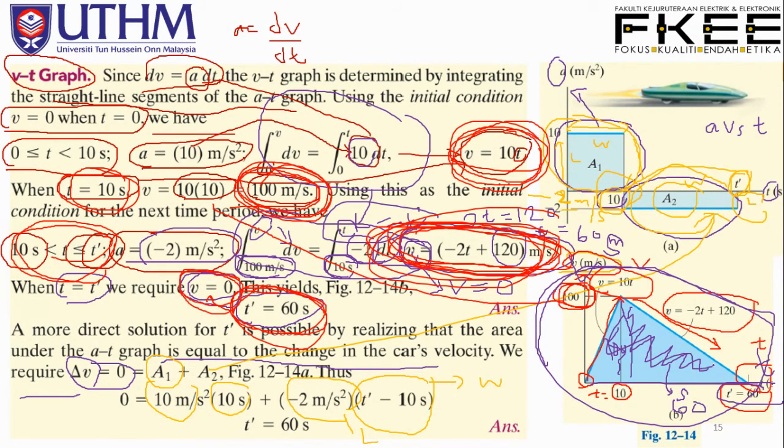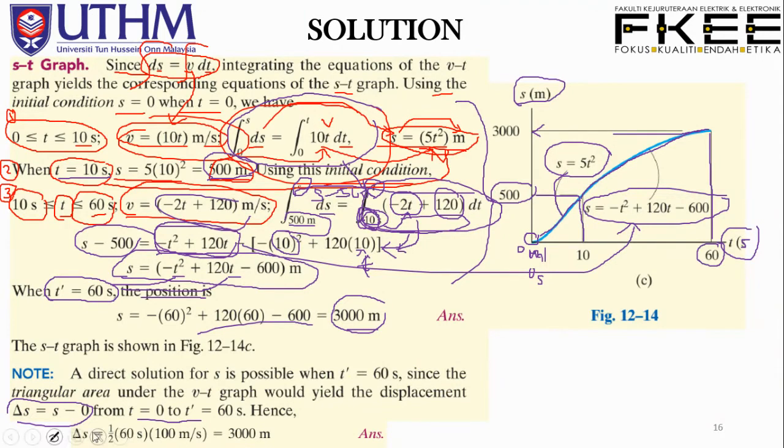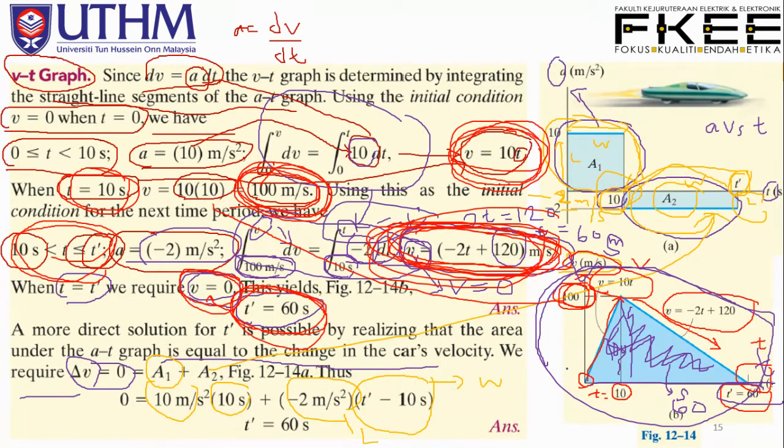So the area is for the change of s, which is s minus 0. For example, the maximum s, so s minus 0, how far it goes from 0 to s.